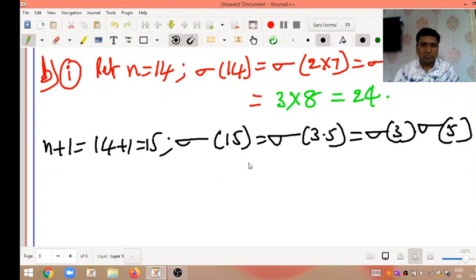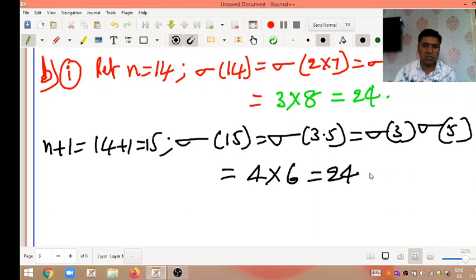Okay, in the sigma function, sigma of 3 is equal to how much? Sigma of 3, 1 and 3 are the divisors. So 1 plus 3 is equal to 4. Again for sigma of 5, 1 and 5 are the divisors. So 1 plus 5 is equal to 6. 6 4s are 24. 24 will come in this case.